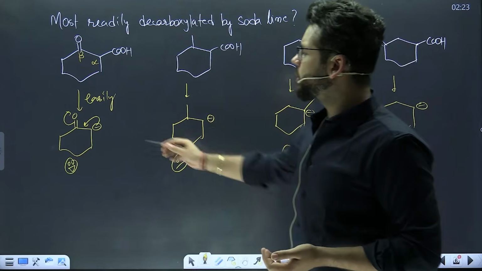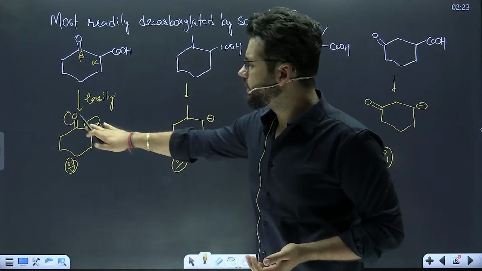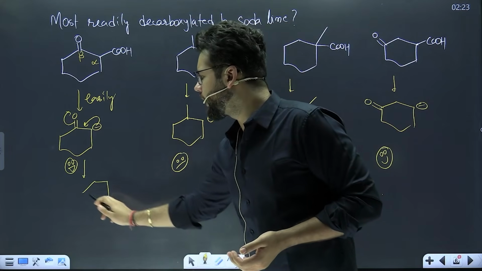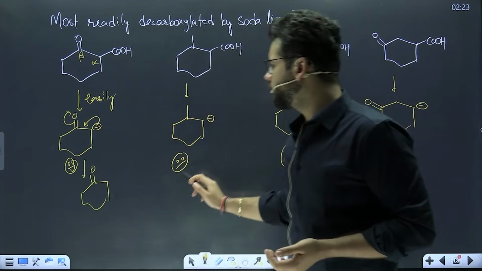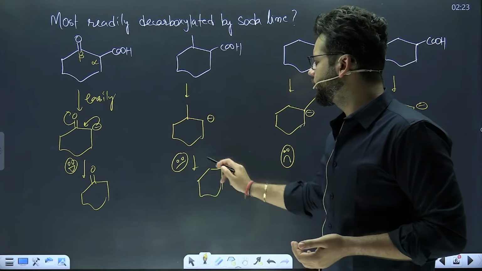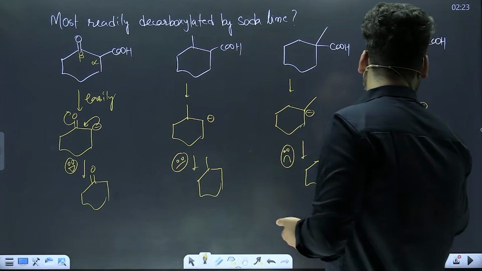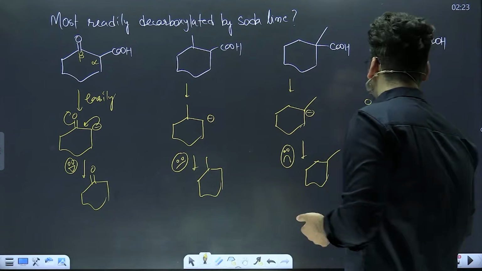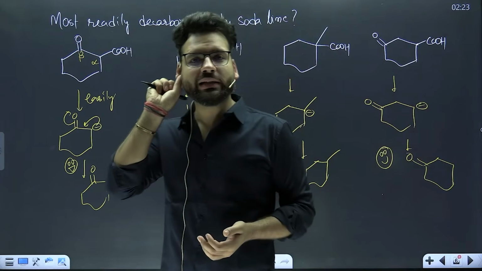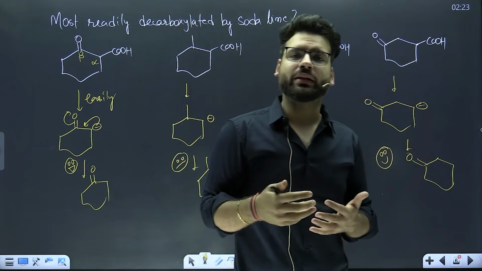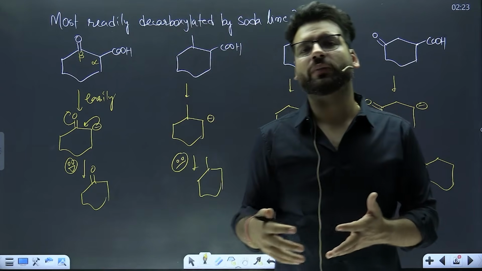So finally, the product will be just cyclohexanone, methyl cyclohexane, cyclohexanone. The question could also be asked like, which of the following reactants give the same product on reaction with soda lime?